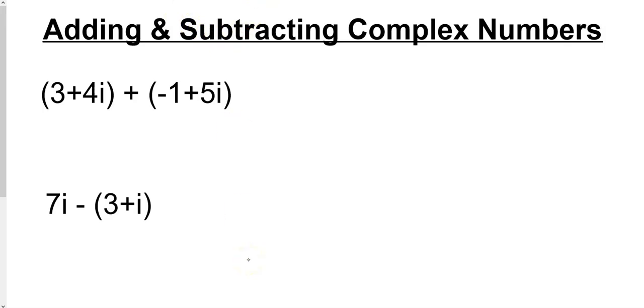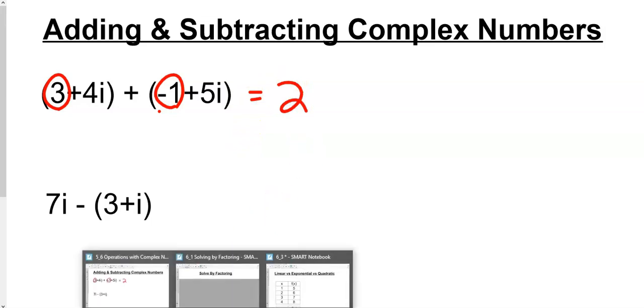So, adding and subtracting. Again, it's a lot like what we did with the radicals. You're just going to combine like terms. That's it. So here we've got 3 plus 4i plus -1 plus 5i. So the 3 and the -1 get together because they're like terms. What's 3 plus -1?